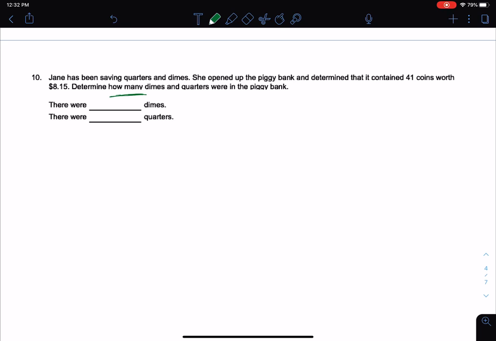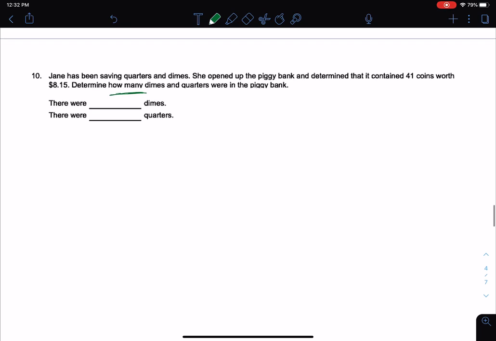there's a couple ways of calculating this stuff. How many is talking about the quantity of coins, but then you could also talk about the value of the coins. So there's two things going on. So let me take a little side note on this, and I'll do this in green.